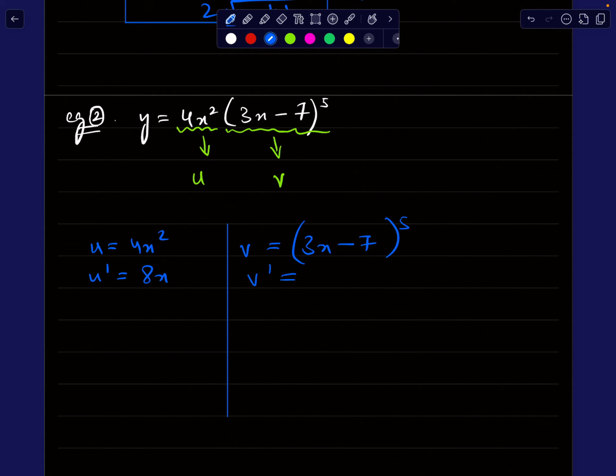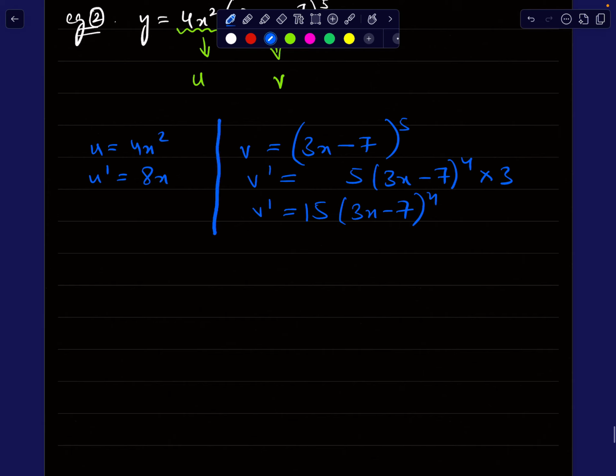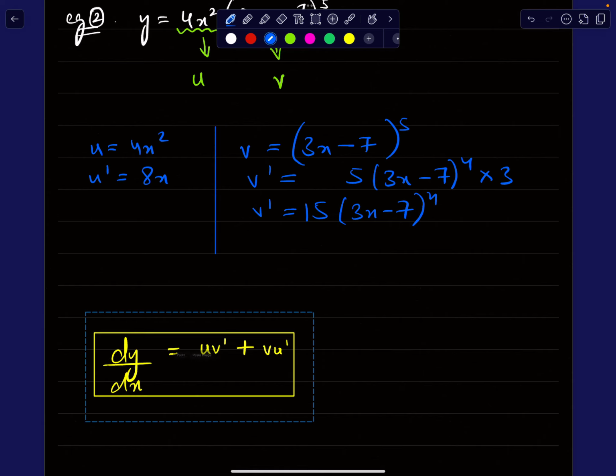v prime is going to be: bring the power down, reduce the power by 1, into differential of the bracket, 3. And the final expression for v prime is 15 times 3x minus 7 to the whole power 4. Now we know the formula for product rule.